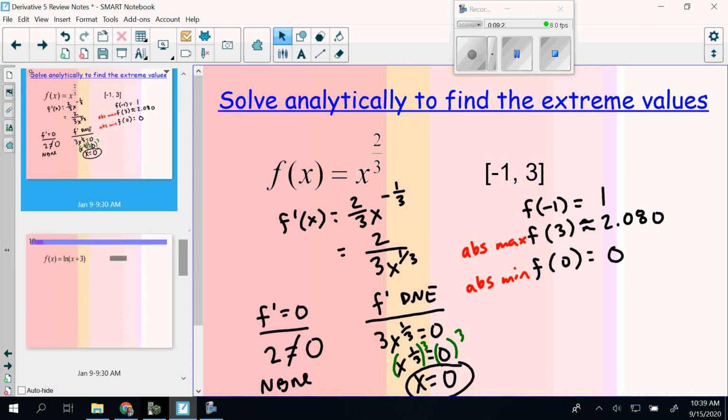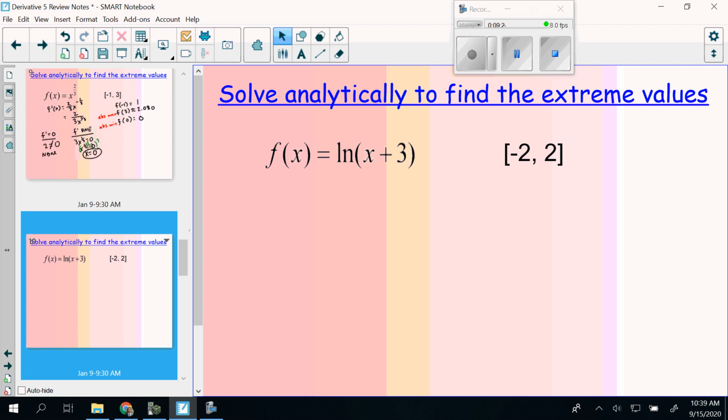A couple more. Let's look at this one. Is it a closed interval? Yeah, again, by the brackets we can see that. Is it continuous? Well, natural log, you've got to be careful with. There are some numbers that you can't take natural log of. Remember, you can't do natural log of 0.